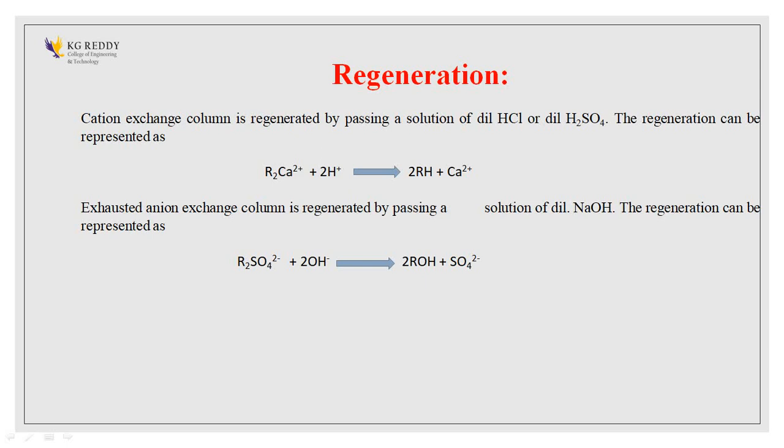The anion exchange column also we can regenerate by passing a solution of dilute base. So the cation exchange can be regenerated by adding acids, hydrochloric acid or sulfuric acid. The anion exchange column can be regenerated by adding dilute base, NaOH or KOH. So this is the regeneration process.